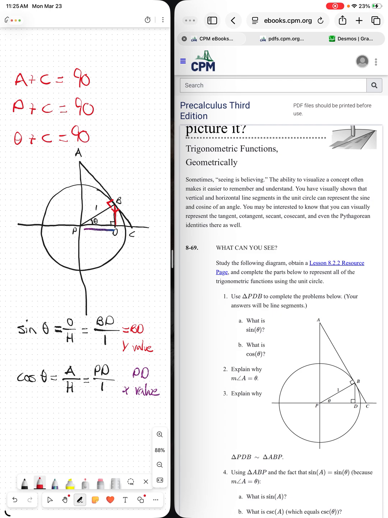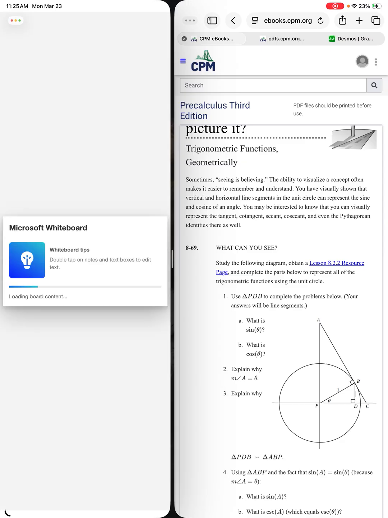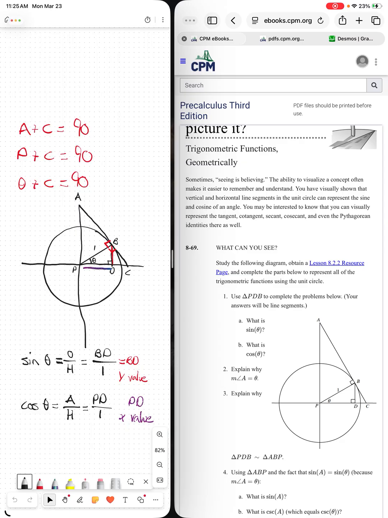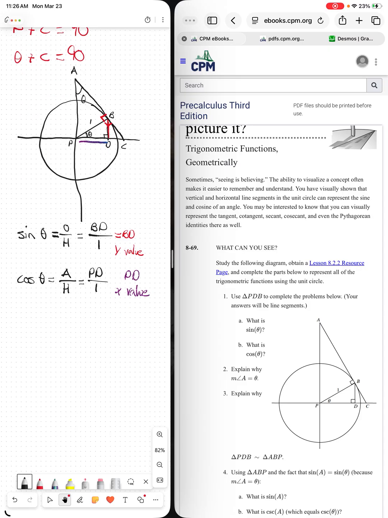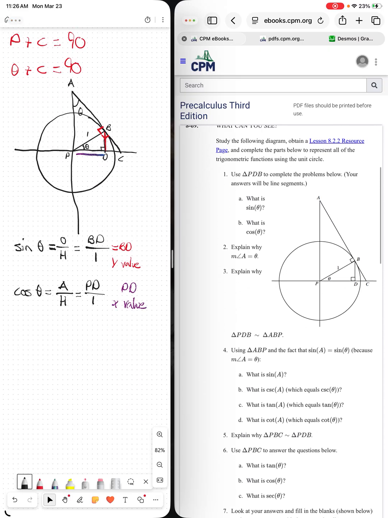Now if we look at the big triangle, PAC, we know that A has to be theta. Therefore PDB and ABP are congruent triangles.